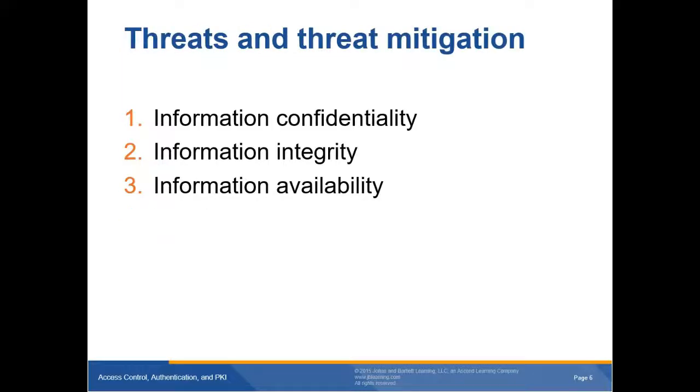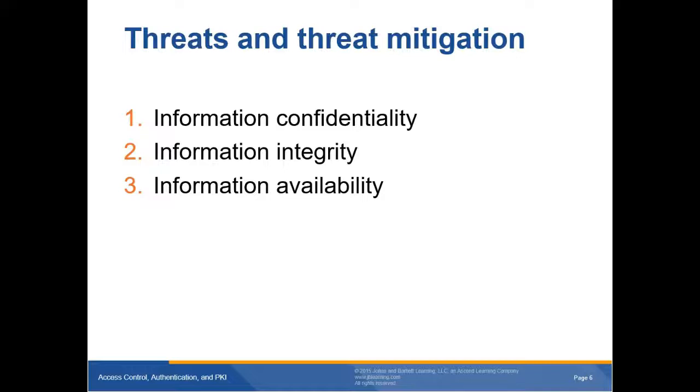Threats and threat mitigation. Any organization faces threats to the IT infrastructure. The goal of access control is to mitigate these threats as much as possible. There are 3 main types: information confidentiality, information integrity, and information availability.